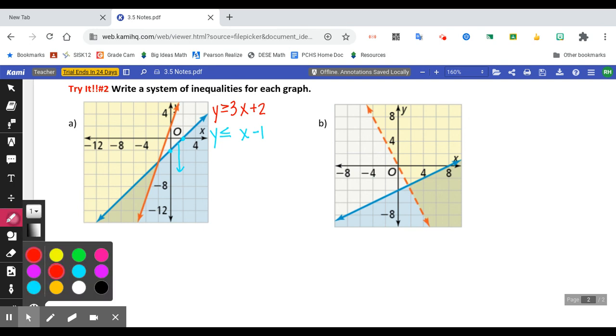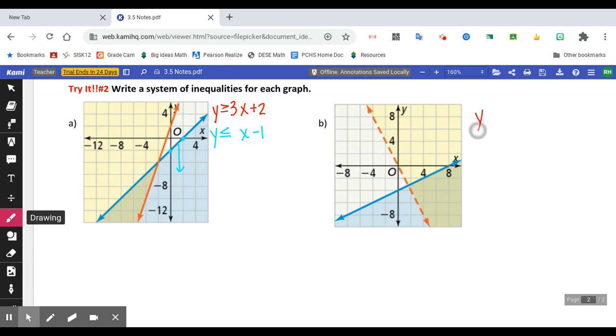Okay, last one. Red line, so y, it's above, so greater than, no equal to because it's dashed. It intersects at 0, so no y-intercept. Here's your next one, so 1, 2 over 1, so negative 2x. Blue line, I'm going to erase this part first.